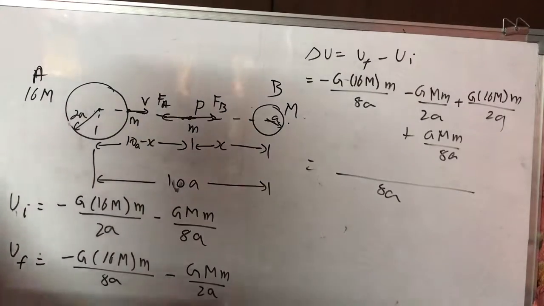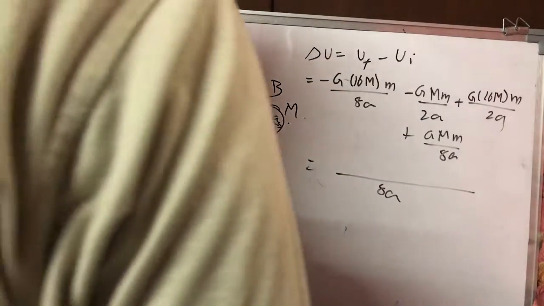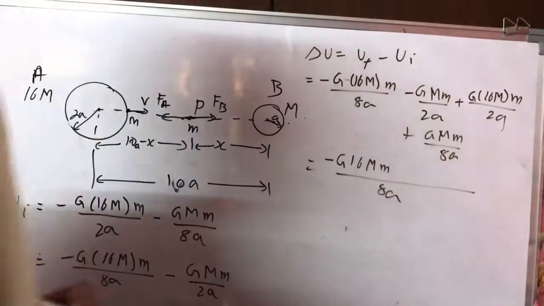So that will give us minus G into 16m into small m, minus 4G capital M into small m, plus 4 times 16 is 64, plus 64 G into capital M into small m, plus G into capital M into small m.